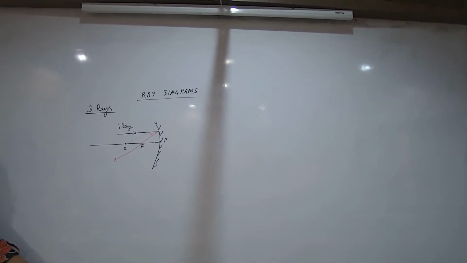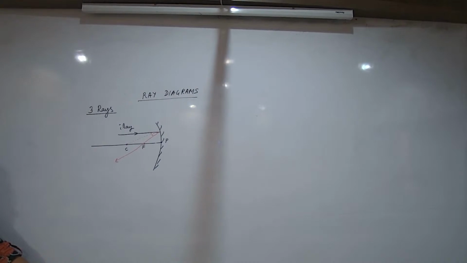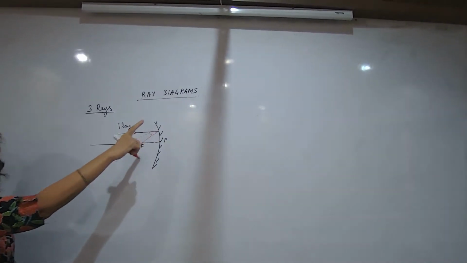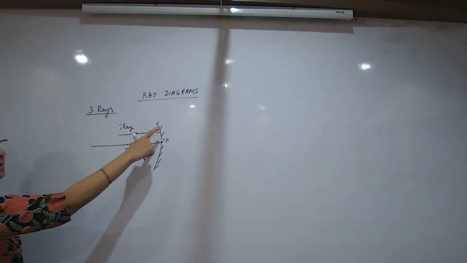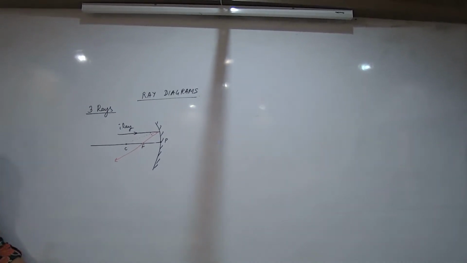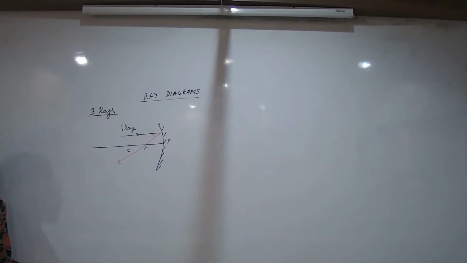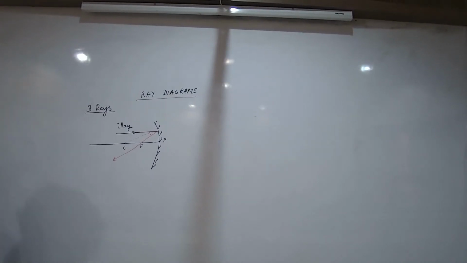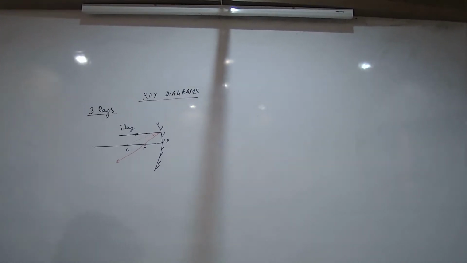Okay. So what is the first ray that we are talking about? A ray which is parallel to the principal axis. After reflection, passes through F. Okay, we can take any of this. Jot down. Only this diagram, take it down. Small figures.